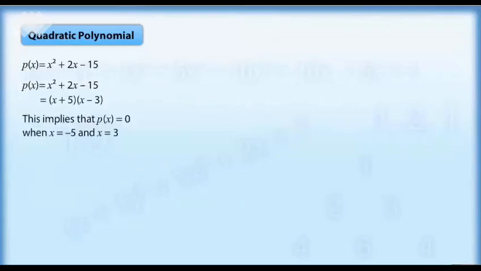What do you think are the zeros of the following quadratic polynomials? P(x) = x² + 2x - 15. When we solve P(x) = x² + 2x - 15, we get (x + 5) multiplied by (x - 3). This implies that P(x) = 0 when x = -5 and x = 3.